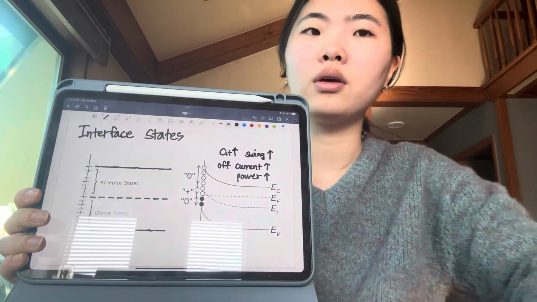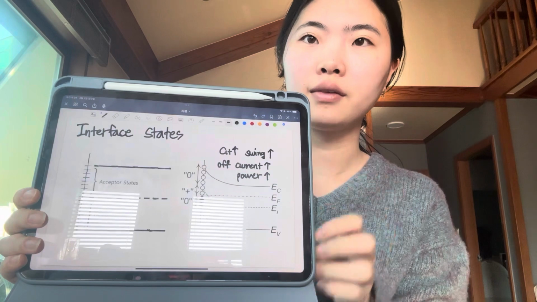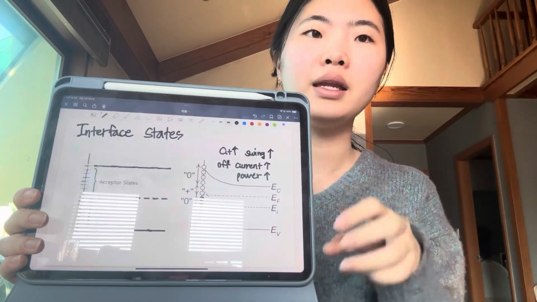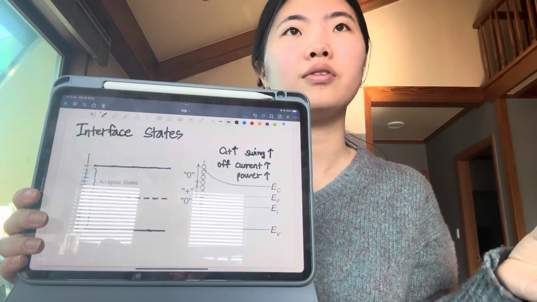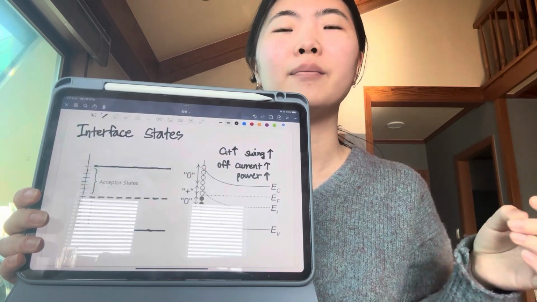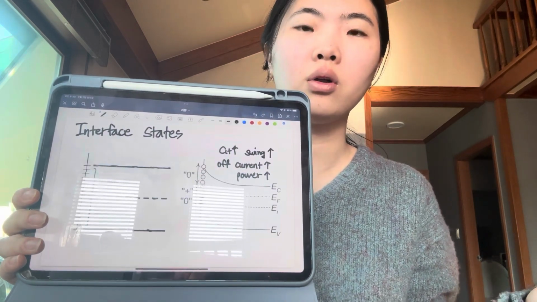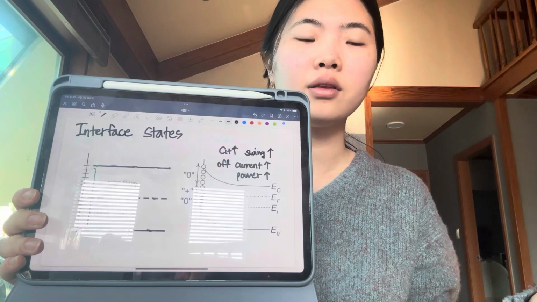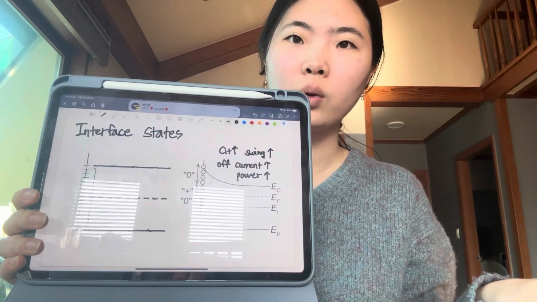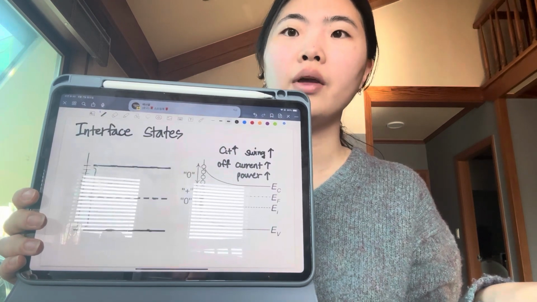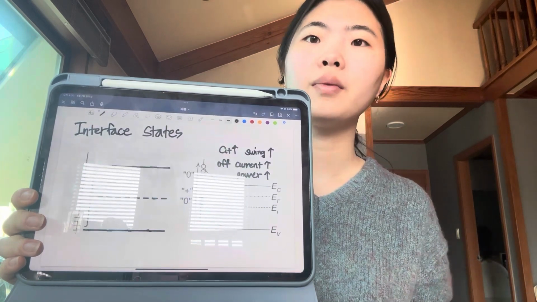Because of the interface states, it causes serious results: the subthreshold swing gets bigger, the off current also gets bigger, and then the semiconductor cannot switch on and off very well, so the power consumption also gets higher.